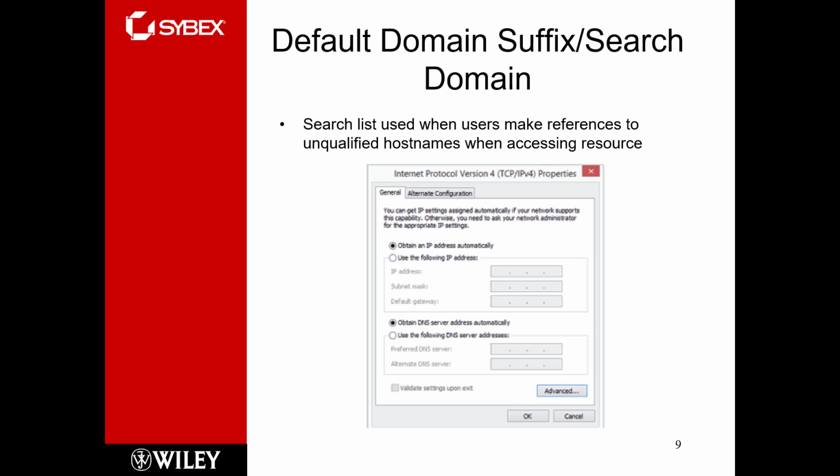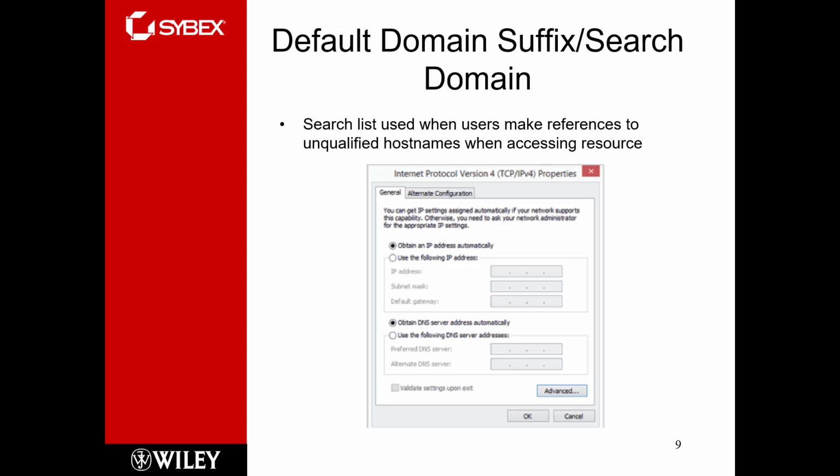So here is our IPv4 address configuration screen in a Windows-based computer. You'll notice we have the obtain automatic addressing for both our IP and our DNS. If we wanted to manipulate our addresses, we would use the following address space, and then we could manually type in our addresses.